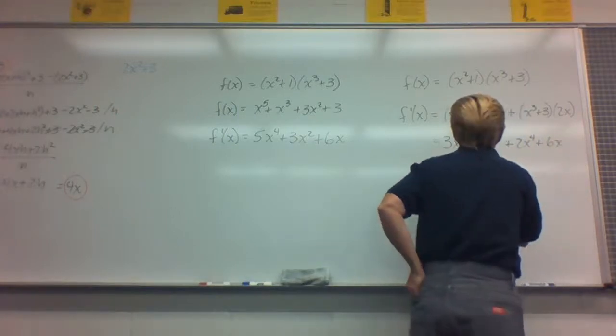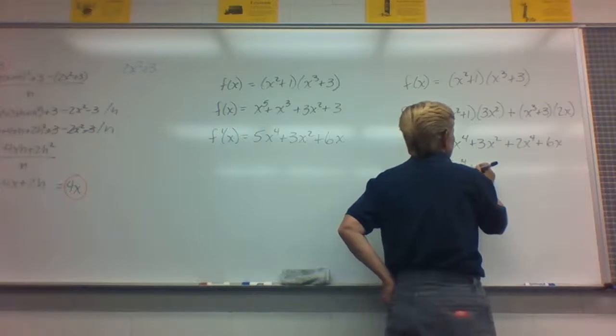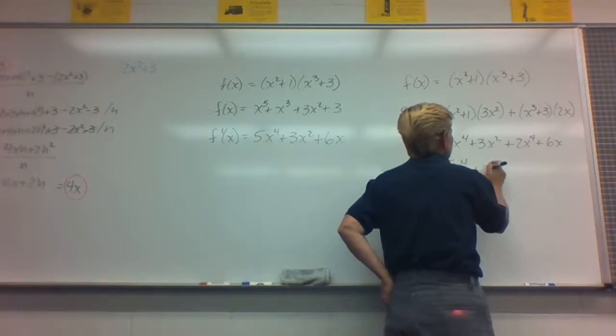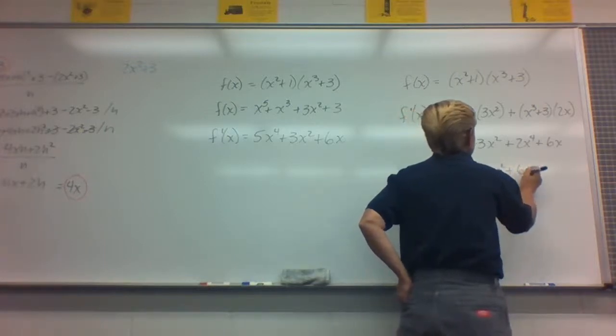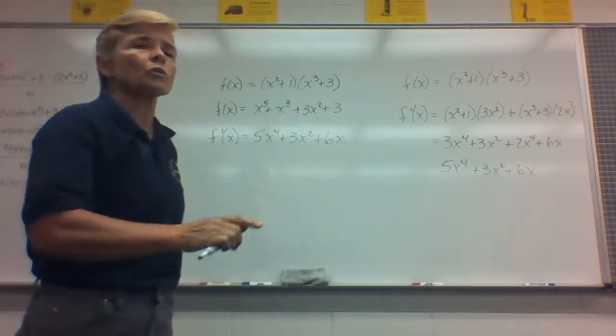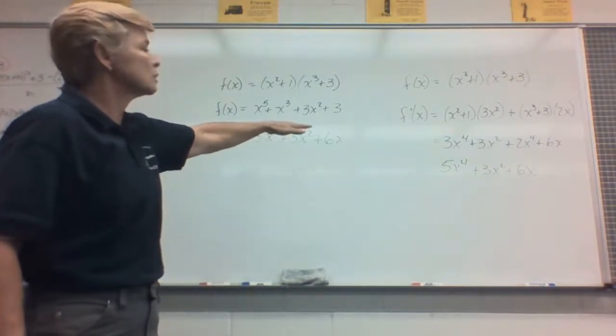Which is 3x to the 4th plus 2x to the 4th, so 5x to the 4th plus 3x squared plus 6x. Wow. So that's evidence that the product rule works, because when you FOIL it out and do it with the power rule, you get the same thing.